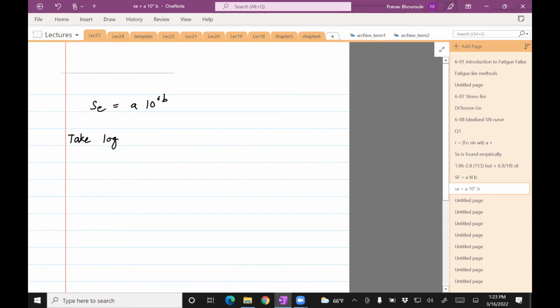Take log to the base 10. So log 10 SE equals log a to the base 10 plus 6b log 10 to the base 10. You know what log 10 to the base 10 is? 1, right?